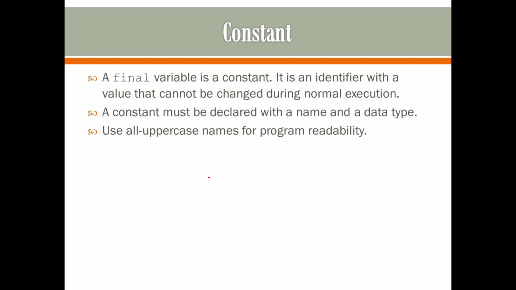How to write a constant value? A final variable is a constant. In Java we write final to show the variable is a constant, an identifier with a value that cannot be changed during normal execution.